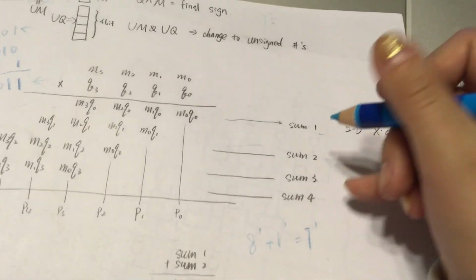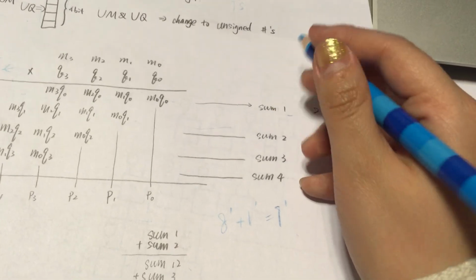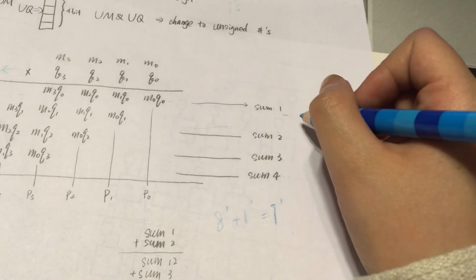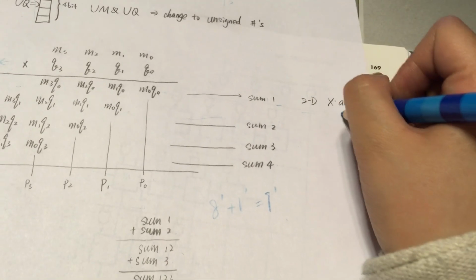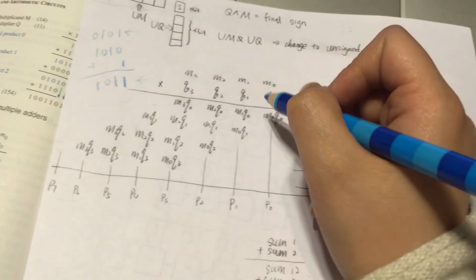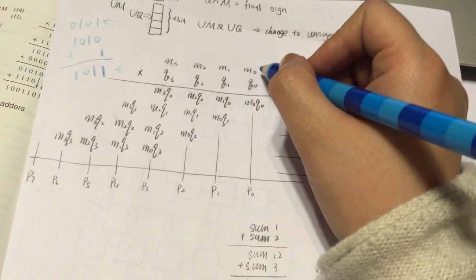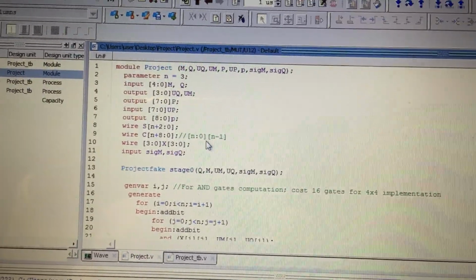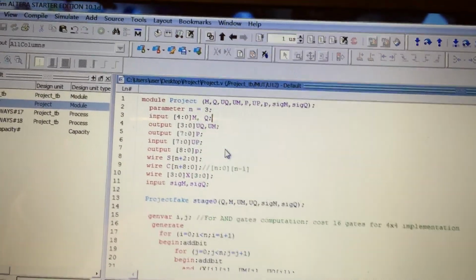This is the requirement of our project, and when we write the Verilog code, we need to design a 2-dimensional array to define each result of M times Q. So here is our code of the first way. First, this is the main module of this code.